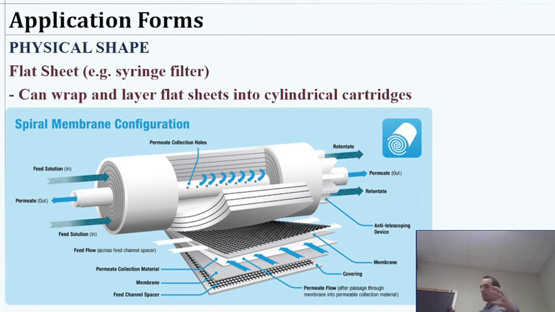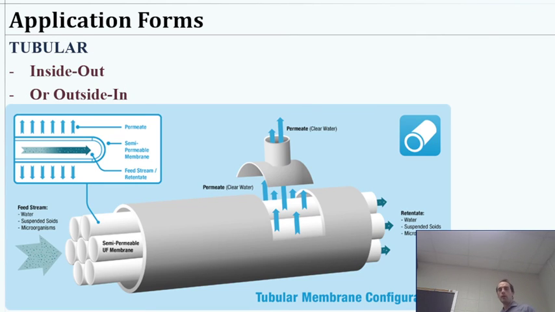This is one of the reasons why, if you ever go and see membrane filters in operation, you'll often see lots of cartridges that are cylindrical. There are multiple other ones we'll see in a second, but this is a very common way to apply them. They're still technically flat sheet membranes in a sense. We've just wound them.